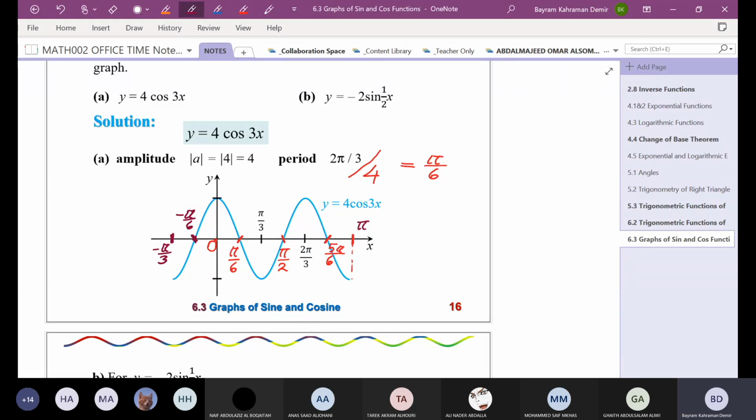For example, if I ask you to sketch the graph of this function from negative pi over 6 to pi over 2, then you need to sketch from negative pi over 6 to pi over 2 only. And then you can answer the question, where is it increasing, where is it decreasing between negative pi over 6 and pi over 2, Shabab. So we will give you a certain interval to sketch the graph.